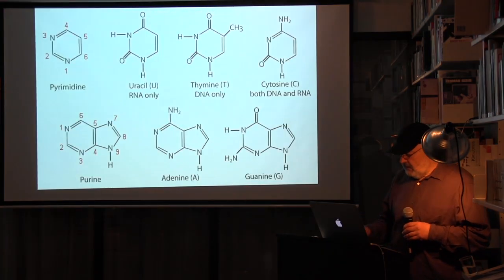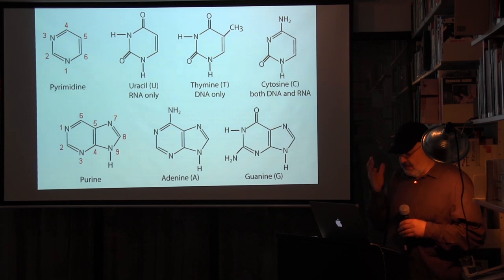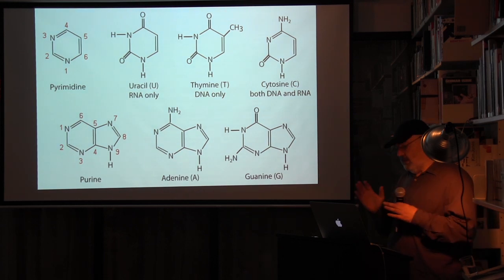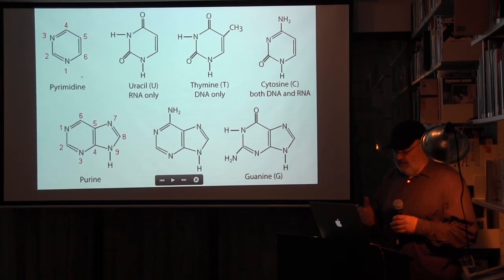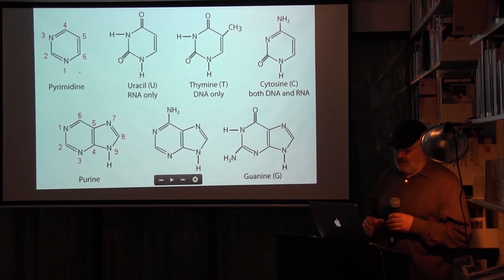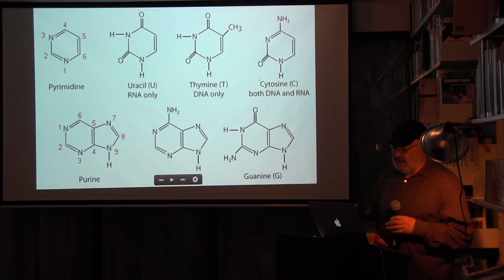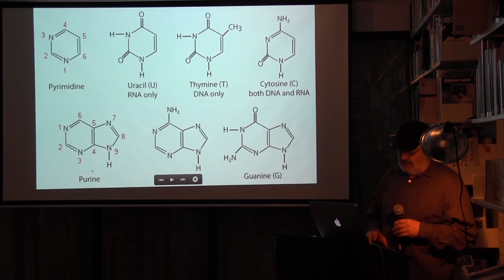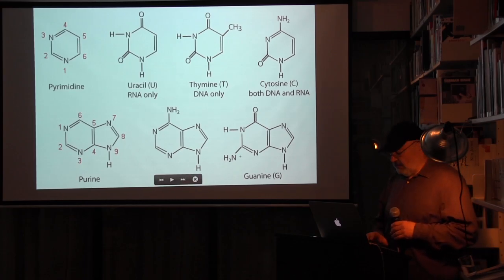Now, these are chemical structures of these five bases. Four play a role in the DNA and four play a role in RNA. And we see that there is one kind of hexagonal ring structure, pyrimidine, in which are uracil, thymine, and cytosine, and another is a double ring structure, purine, in which are adenine and guanine.